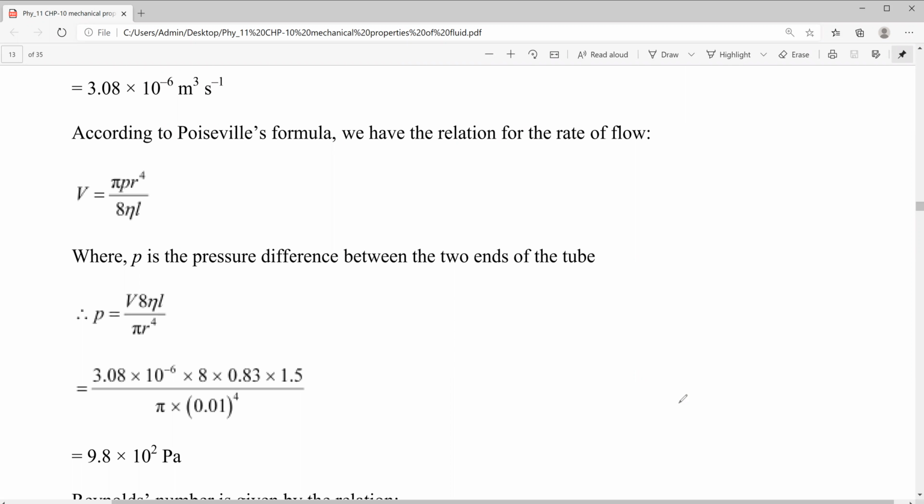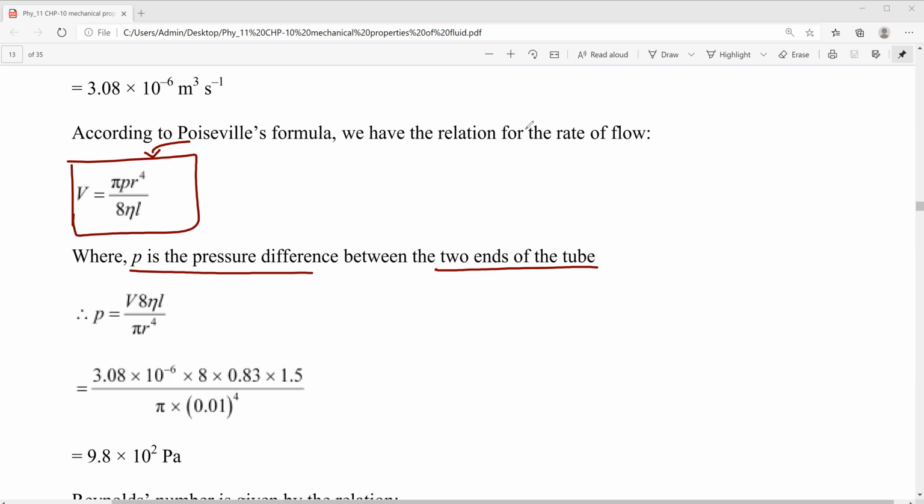Next, according to the Poiseuille formula, this is one new formula you are having. V is equal to pi P r raised to 4 divided by 8 eta L, where P is the pressure difference between the two ends of the tube. Modify this formula: P is equal to, by cross multiplication, V 8 eta L divided by pi r raised to 4.